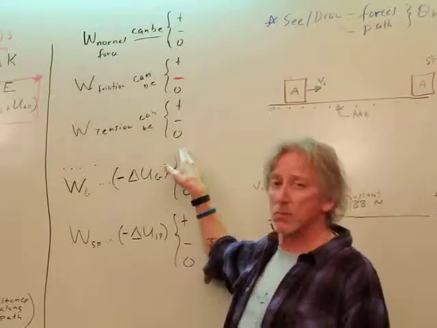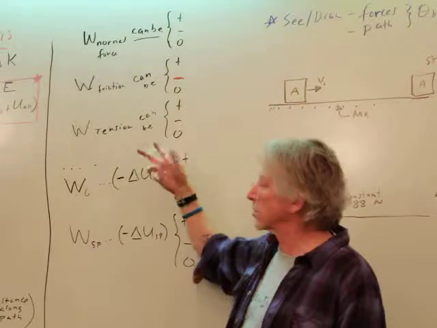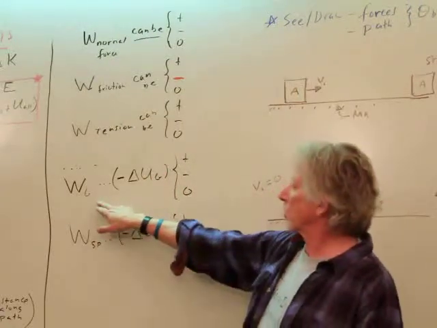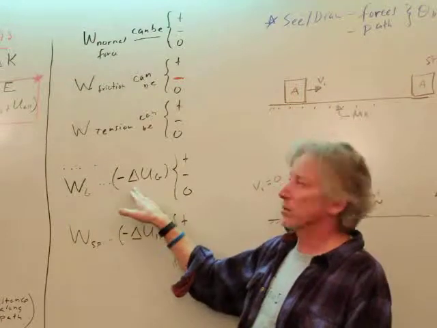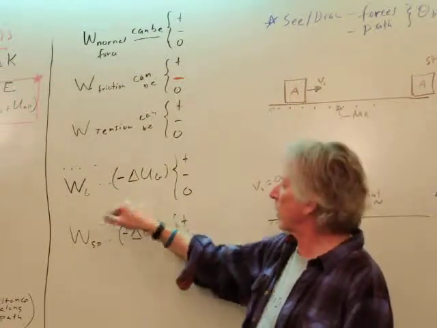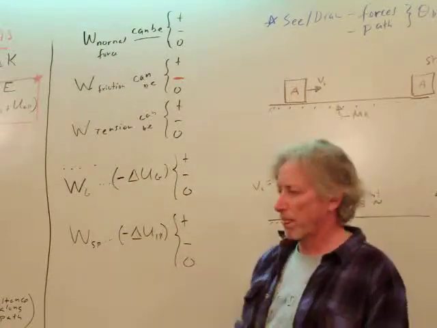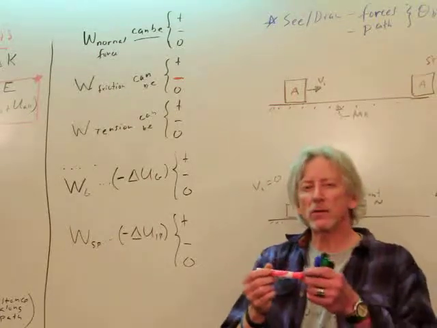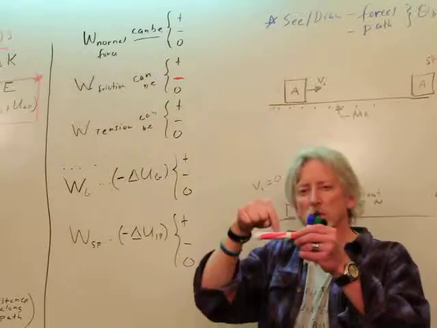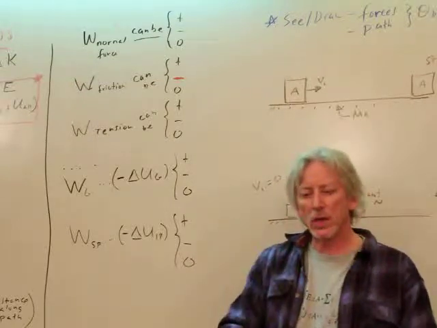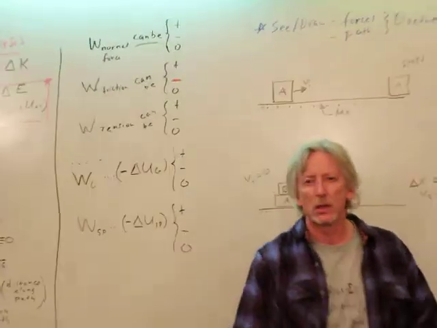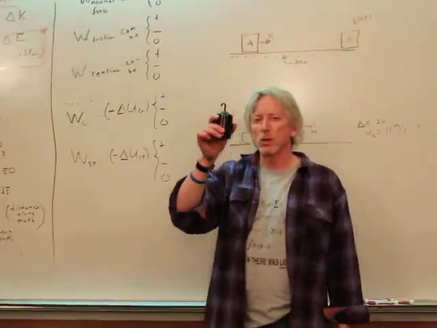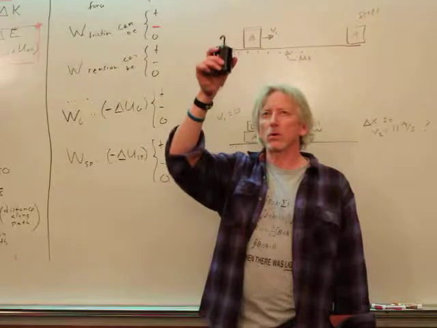Or if the tension is perpendicular to the motion, then again, it's not doing any work. This is true, of course, of gravity, which we usually turn into and think of in terms of potential energy of gravity. Gravity can do positive work, negative work, or zero. Gravity doing positive work means that gravity is in the direction of motion. Gravity doing negative work means that gravity is in the direction opposite the motion.